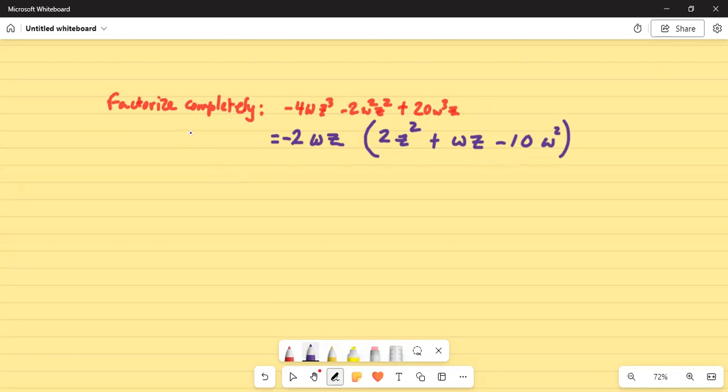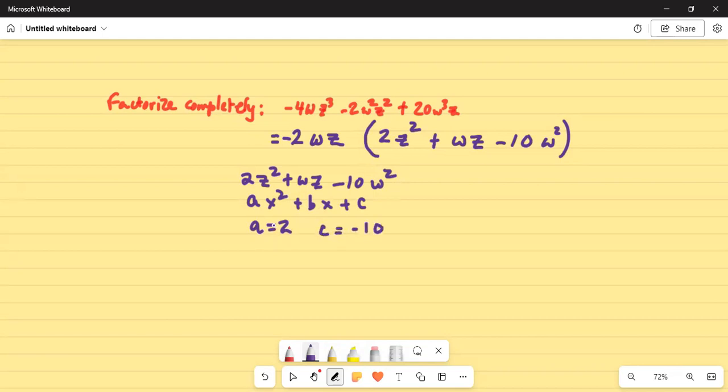So if you compare 2Z squared plus WZ minus 10W squared with AX squared plus BX plus C, then A, the coefficient of Z squared, is 2, and C is the constant term, which is minus 10.